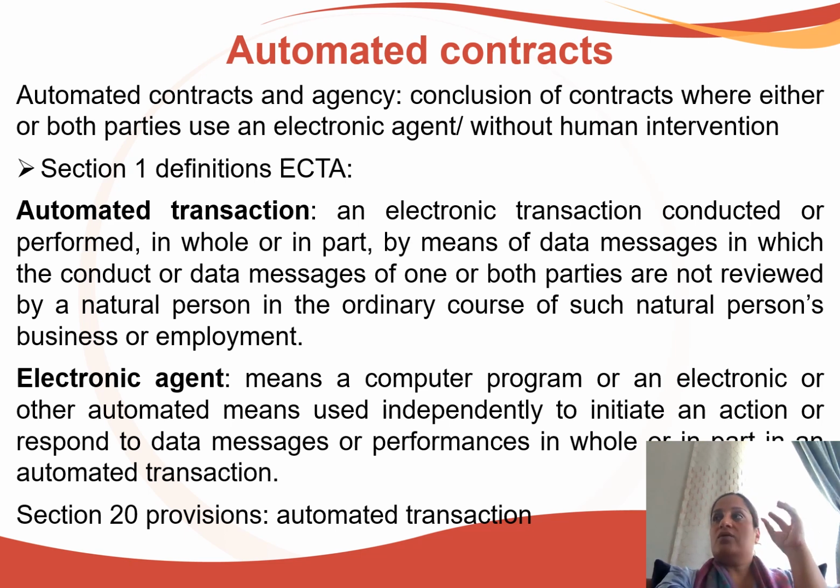These are where there is an automated function that comes in where people aren't involved throughout. So just remember that. And of course, an electronic agent is a computer program or an electronic or automated means of making sure of the contract.